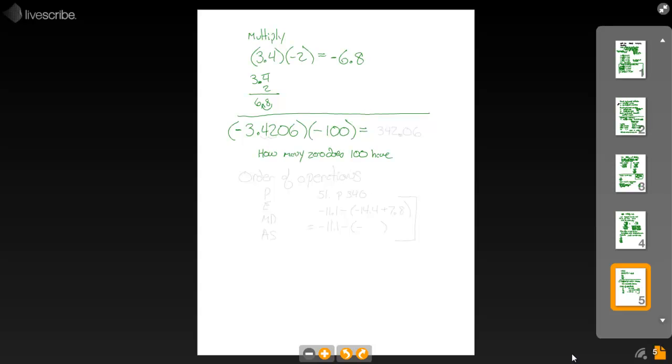Excellent. I'm going to move the same number of places over on the decimal to make it bigger. This is positive 342.06. It's positive for my signed number rules, and I was able to do it in my head because of the trick with 100. If it was 1,000, how many zeros does 1,000 have? 3. There's going to be 3 moves.